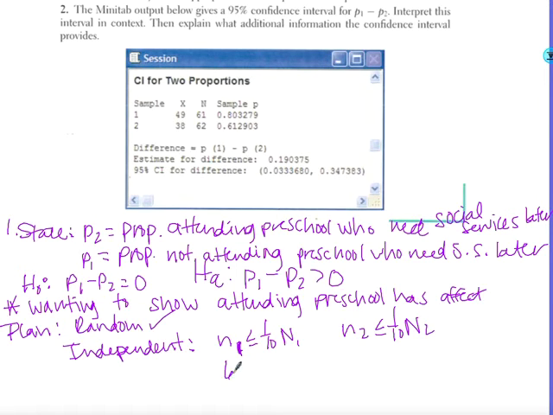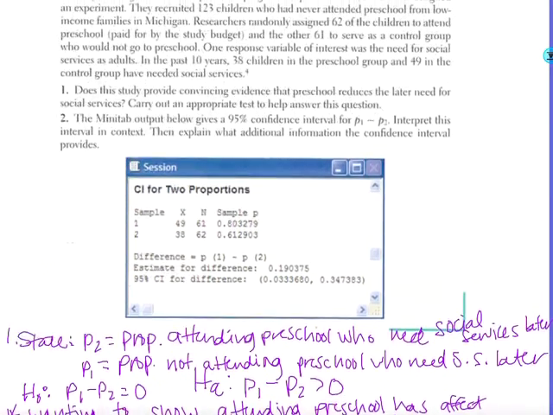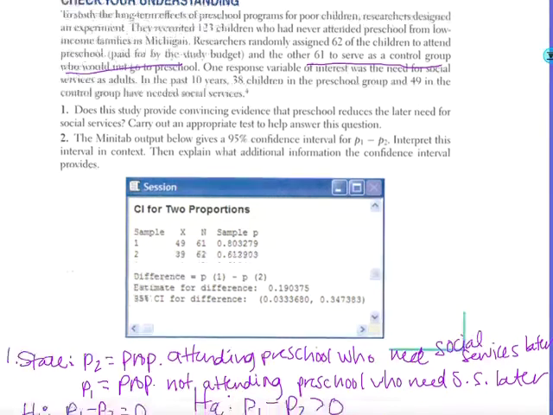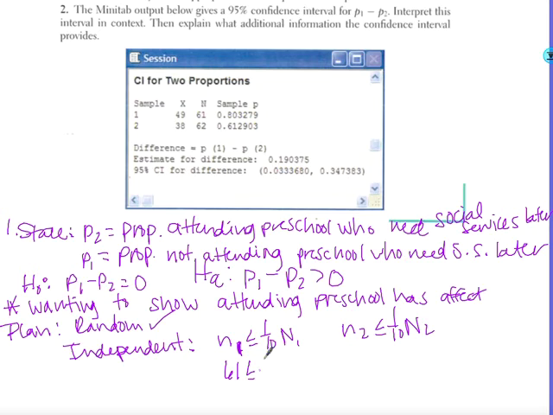So for n1, you were taking 61 students and not sending them to preschool. 61 serve as the control group who would not go to preschool. So we just want to make sure that we think that there are at least 610 preschool age students in Michigan who do not go to preschool.